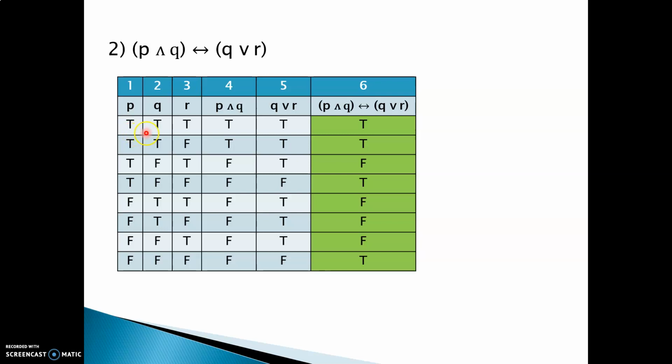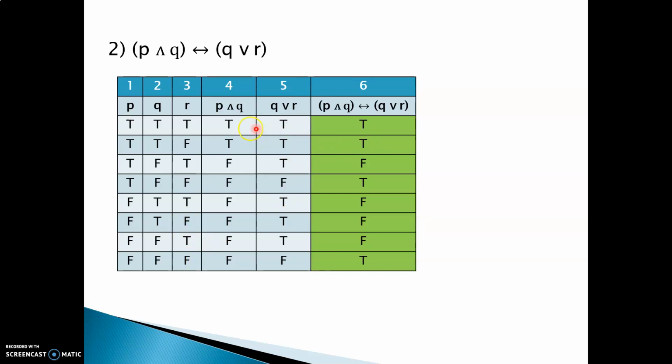So true and true is true, true and true is true, true and false is false, true and false is false, false and true is false, false and true is false, false and false is false, false and false is false. Next is Q or R. So we are taking column number 2 and 3. So true, true, true, false, true, true, true and false. And the last column is the combination of 4 and 5.